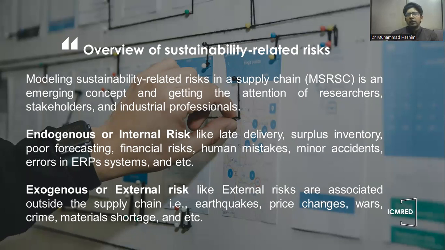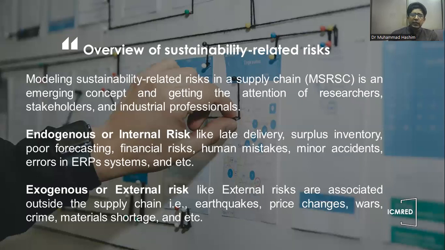Endogenous or internal risks can be further categorized as late delivery, surplus inventory, poor forecasting, financial risk, human mistakes, minor accidents, and errors in ERP systems that are working in organizations to control and monitor the multiple organizational processes and information flow.